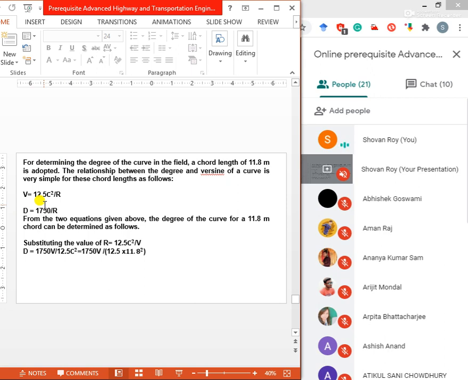So from the two equations given above, the degree of the curve for an 11.8 meter chord can be determined.